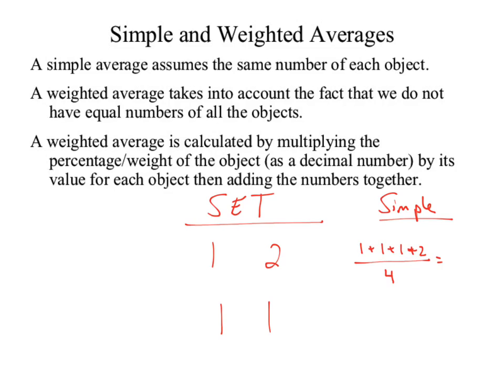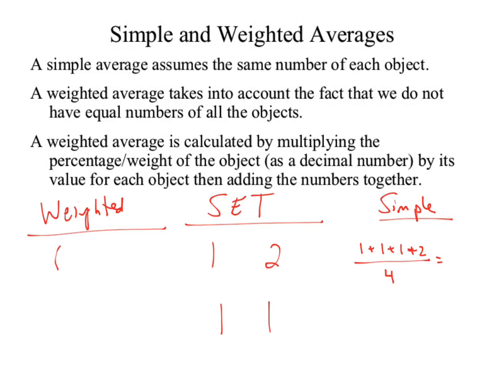The weighted average wants to take into consideration how many of each of those things are present. What we're going to try and do is evaluate how these things are different and how they're the same. For our weighted average, I want to take each time each integer showed up and factor that in independently.